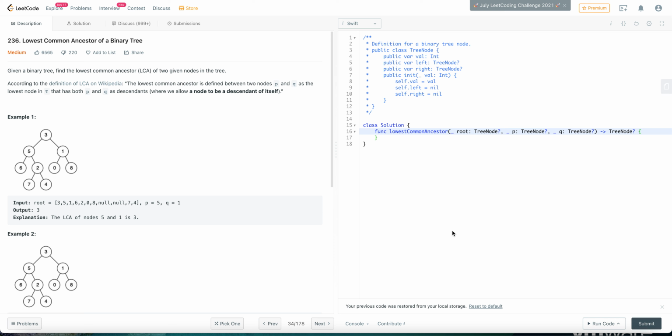The lowest common ancestor of two nodes is the lowest node in the tree for which both nodes are descendants. Like if you see this tree here, 5 and 1 are two nodes and they both are descendants of 3.